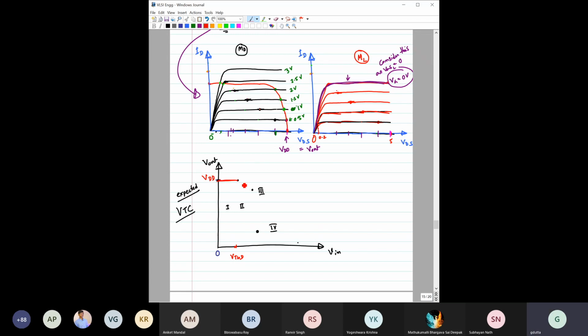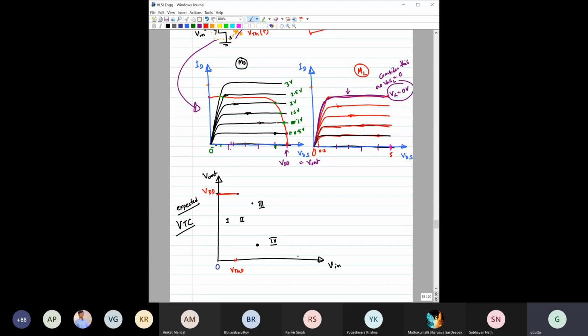Okay, then what will happen? So after that it will fall. After that, definitely it will fall, because a small V change gives a high current change. Not really. So till this region, we are still at this point, right? Yes.